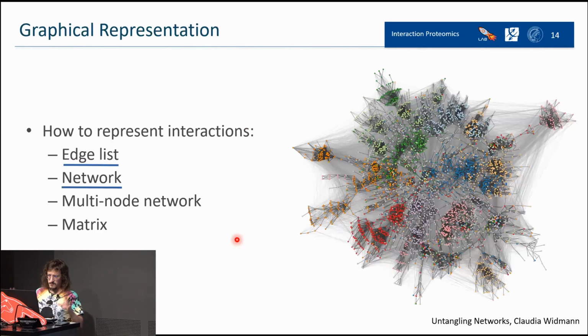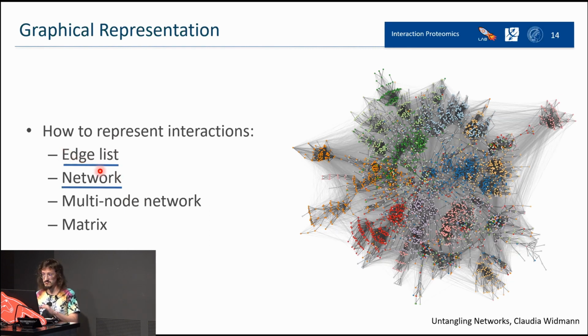So this was a general introduction to the data that we will use in the practical part that will follow. And now let's talk quickly about how to represent networks or this kind of interaction. There are different ways. You can have an edge list.